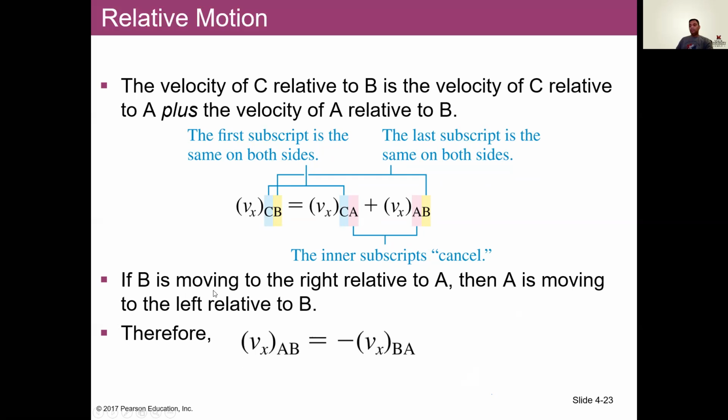If B is moving to the right relative to A, then A is moving to the left relative to B. So if you know one of the relative velocities, you can flip the sign, and you will know the relative velocity of the other. If you know the velocity of B with respect to A, you can add a negative sign in front of it, or multiply that number by -1, and now you know the velocity of A with respect to B. These rules are very handy when you are solving relative motion problems.